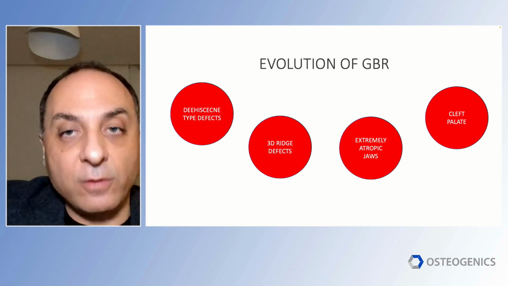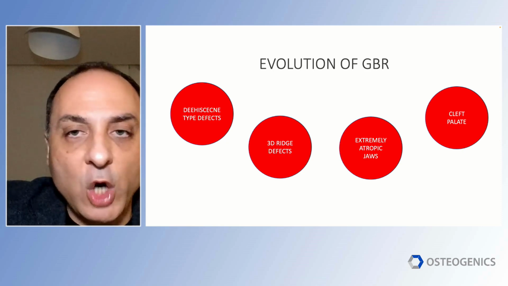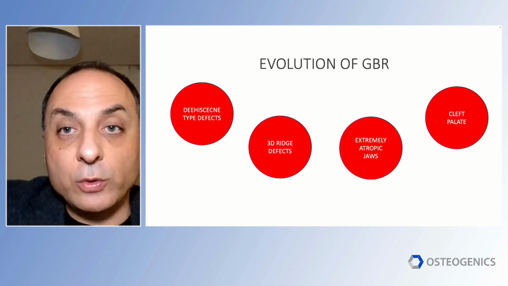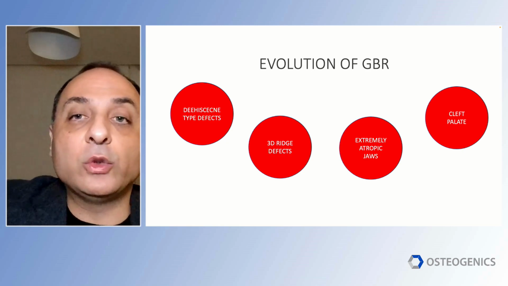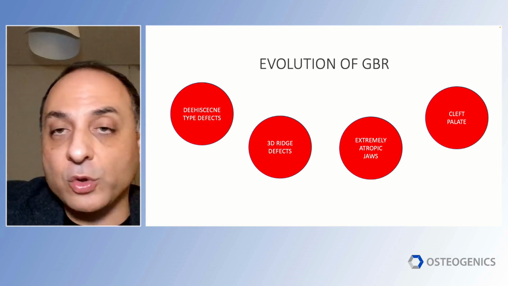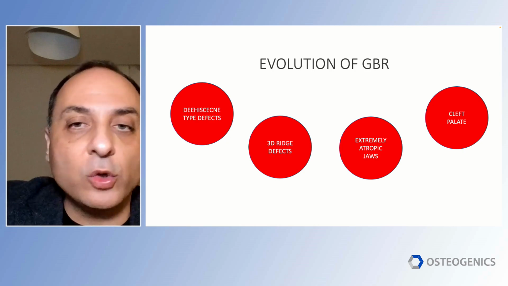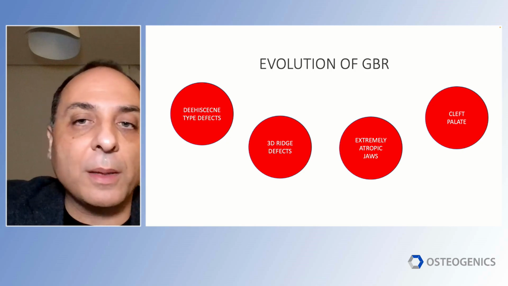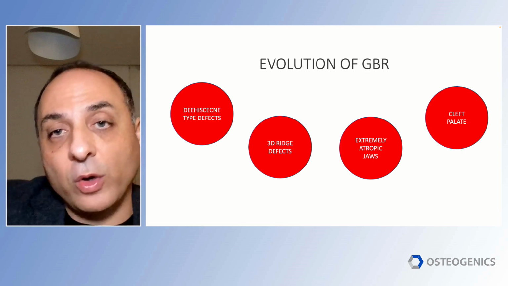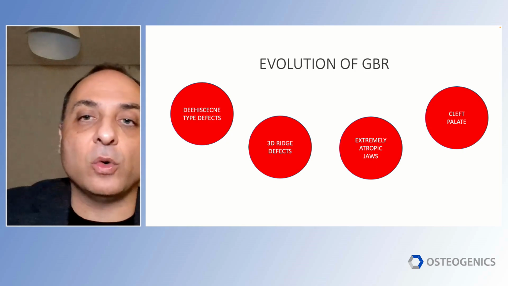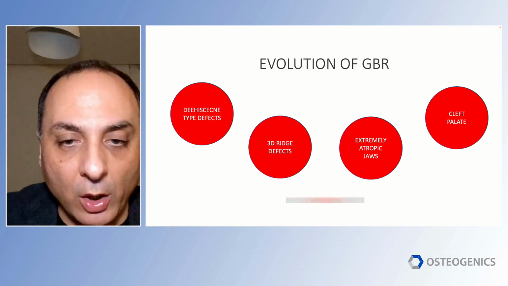But this technique has evolved with the years. Now we're treating very complex 3D ridge defects. We're treating extremely atrophic jaws. We're treating even cleft palate, which were the exclusive arena of maxillofacial surgeons. When you go to the surgeon and you take a piece of your hip bone and you graft the cleft. So now we can treat it with GBR.